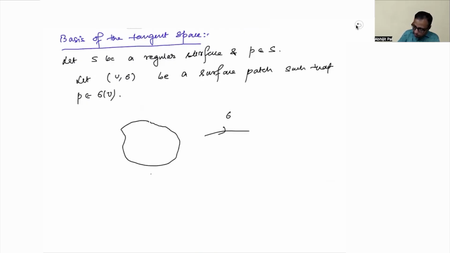So sigma maps from this open set U to this surface patch.